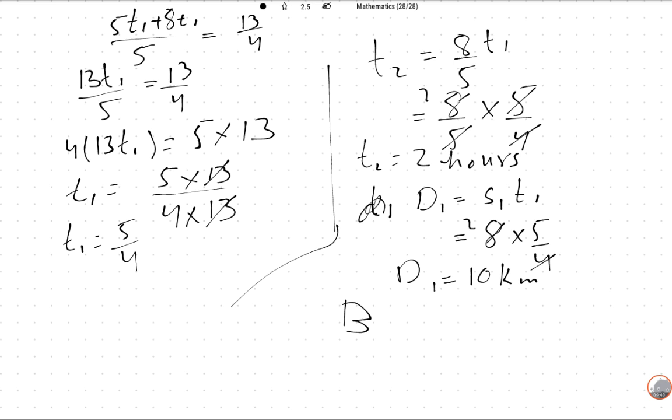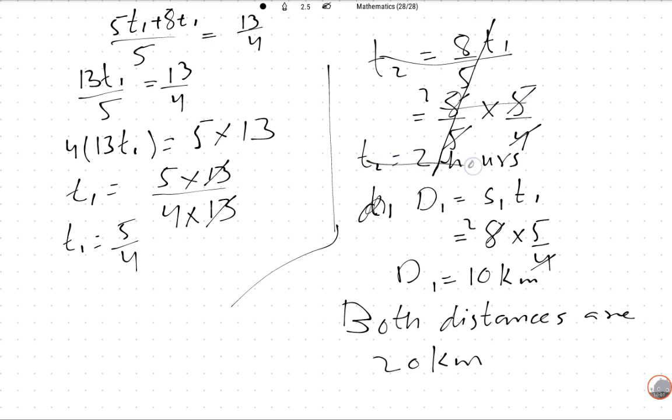Because d1 is equal to 10 kilometers, obviously distance 2 will be 10 kilometers, and both distances together are 20 kilometers. So I think this is unnecessary data. We don't need this. Okay, so this is the required answer.